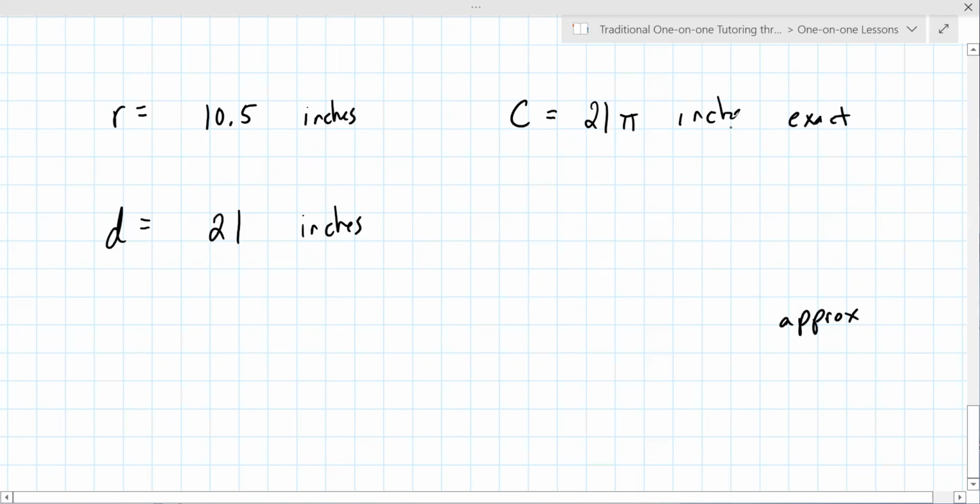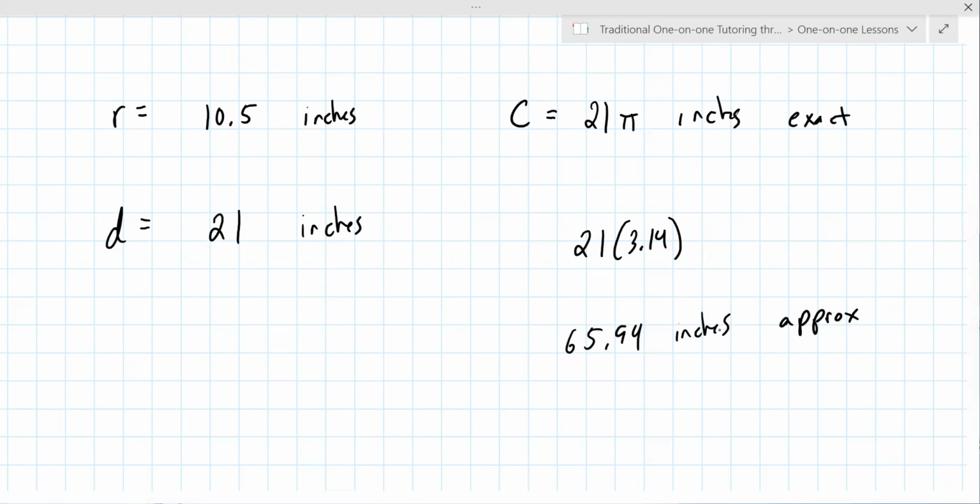Perfect. And then to get the approximate, you take 21 and multiply by 3.14. I already told you the answer. 65.94. And what are the units? Inches. Okay. Now the units are very important.